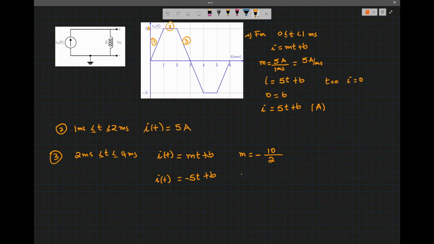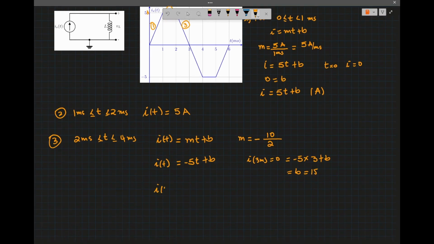We know that when t equals 3 milliseconds, i equals 0. So that's negative 5 times 3 plus b, so b equals 15. So the equation of the section is negative 5t plus 15, and t is in milliseconds.